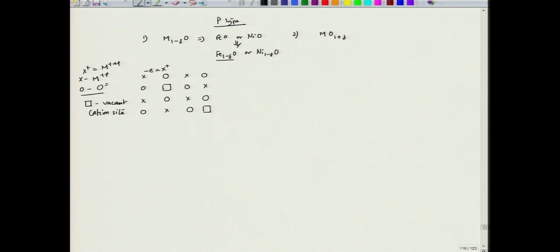Here also, since there should be 4 such situations, we now have 4 electron holes, which are nothing but the extra positive charge that neutralizes the excess negative charge due to the missing cations in the lattice.